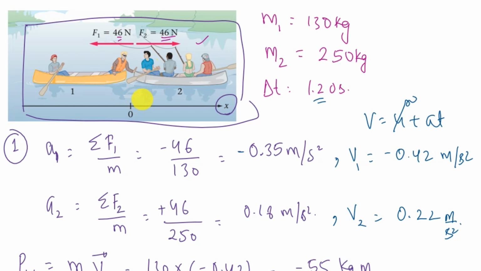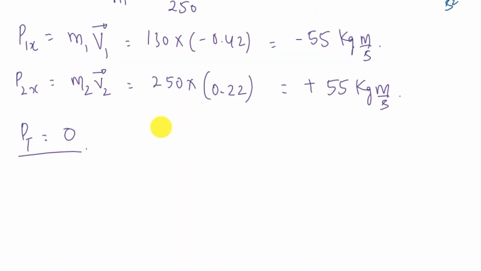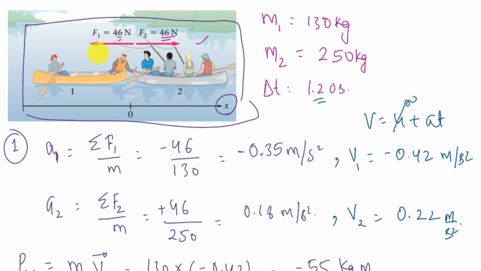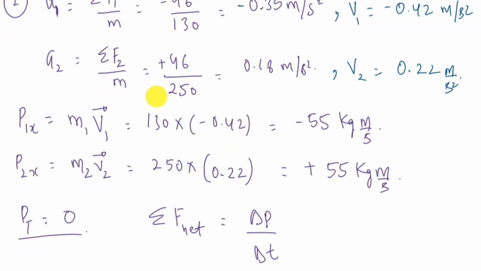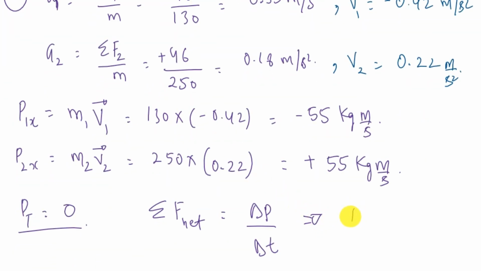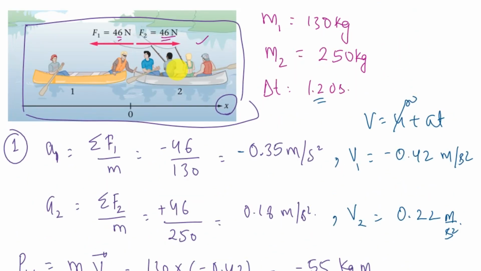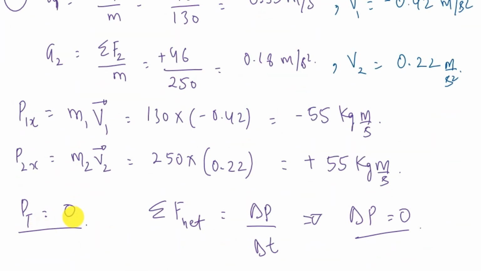Using Newton's second law of motion, the net force is equal to the rate of change of momentum, and since there is no net force on the system because these internal forces cancel each other, the change in momentum will be equal to 0. So the initial momentum was 0, and the final total momentum is also 0, and that is why the change in momentum is also 0.